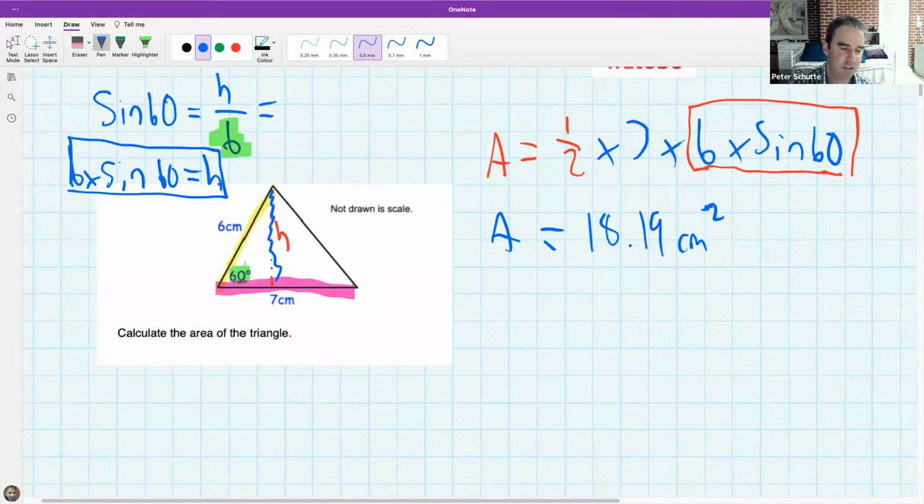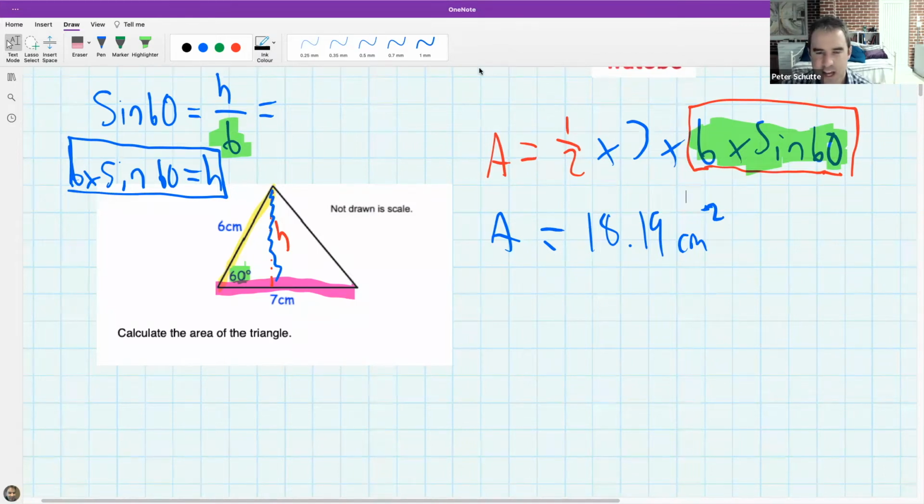And so the height of this triangle is just 6 sine 60, which is this bit over here in the rule. So again, all that the rule is doing is finding the height of the triangle, and that's why it works. But you don't need to do that every time. You can just use the rule.